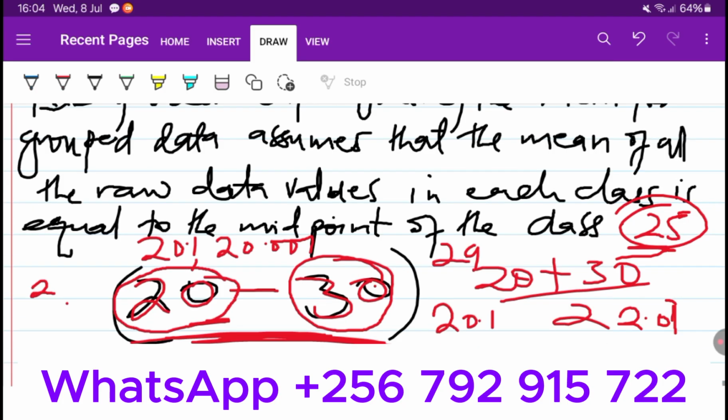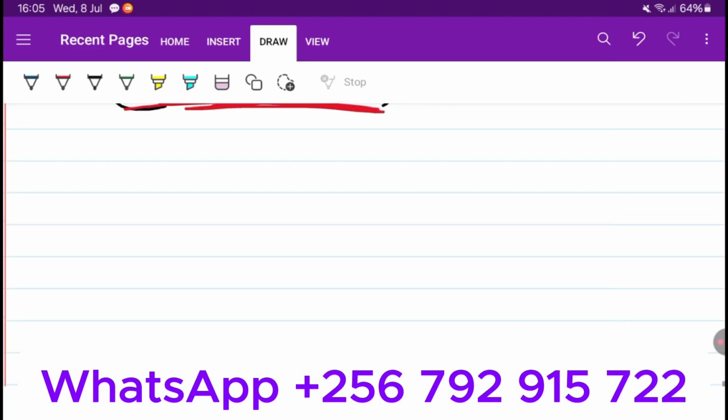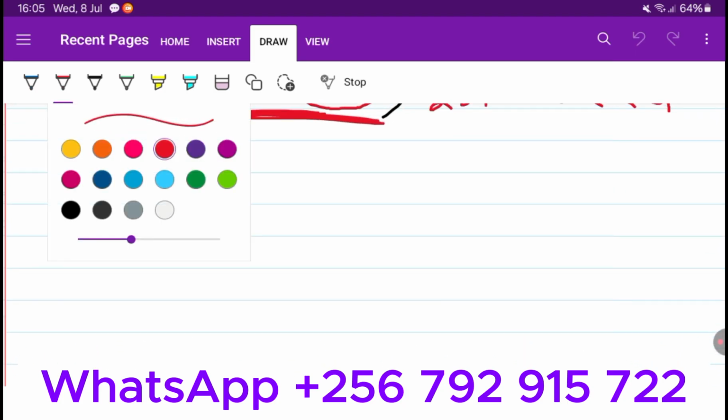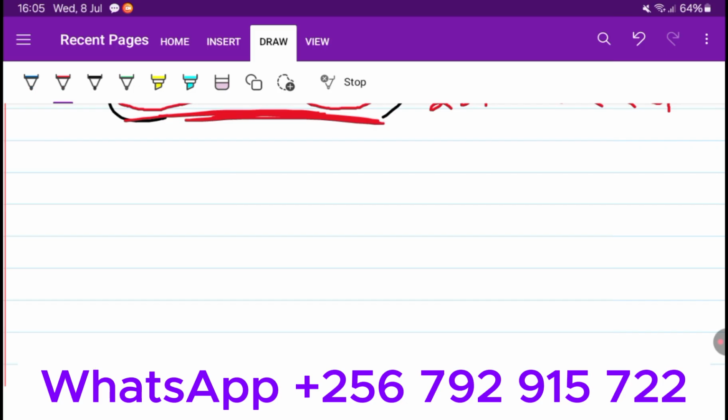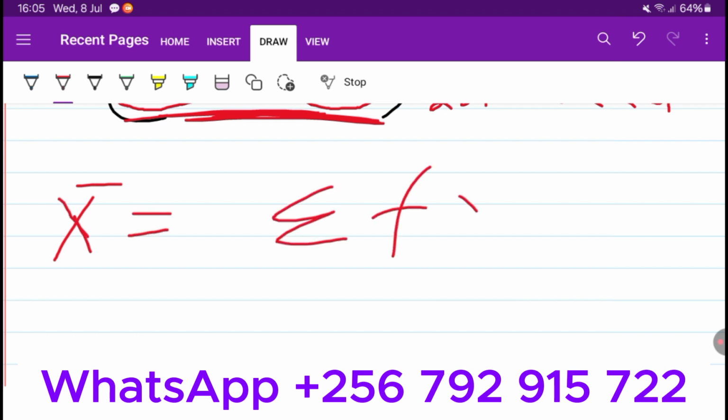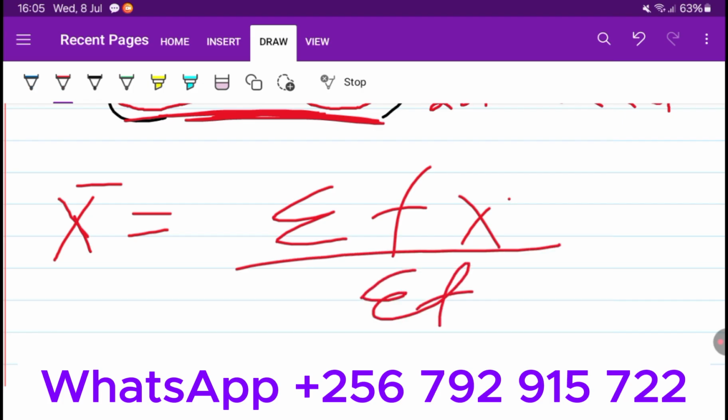So, which formula are we using here? We are using the same formula. We can use any of the formulas that we have looked at. The whole bottom line is for us to be able to get the midpoint, and that midpoint will represent our x values. So our mean will be summation fx over summation f.